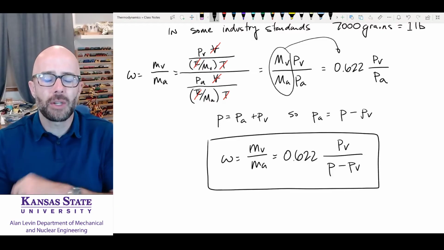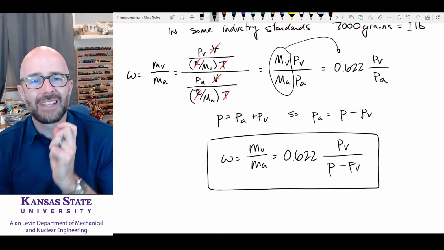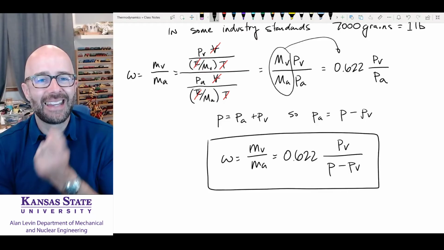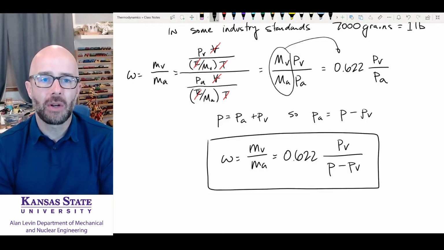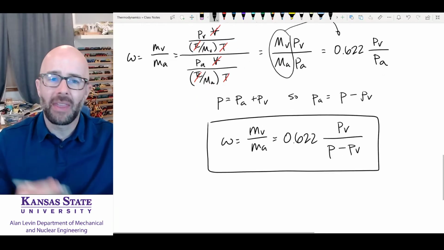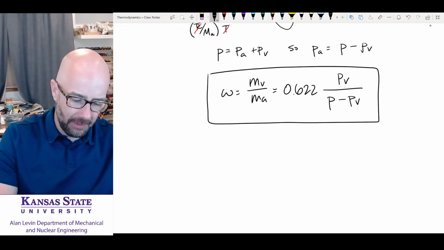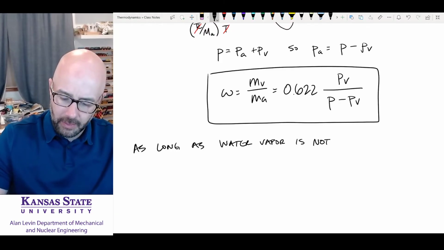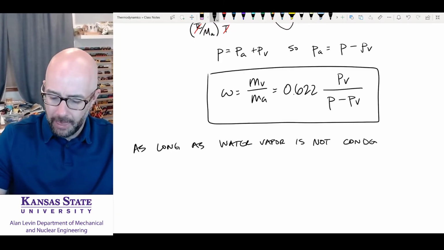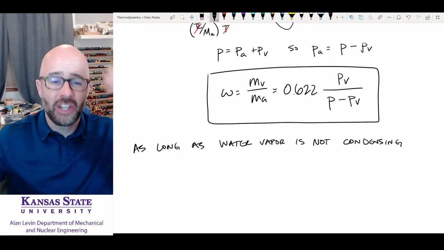Now, humidity ratio is very important. As long as water is not condensing in our air, humidity ratio is going to remain constant. I'm going to write that down because it's important to say. As long as water vapor is not condensing, we're basically changing state.